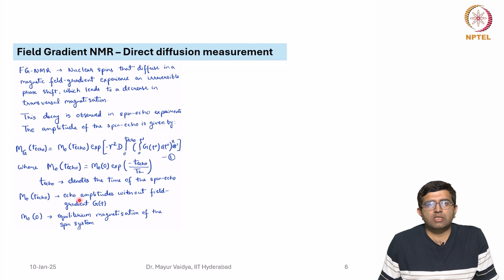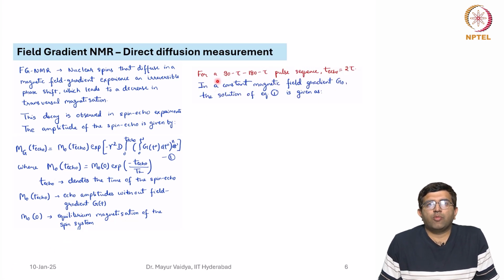M0(t echo) is basically the echo amplitude without the field gradient g(t), so g(t) is the field gradient. M(0) is the equilibrium magnetization of the spin system.